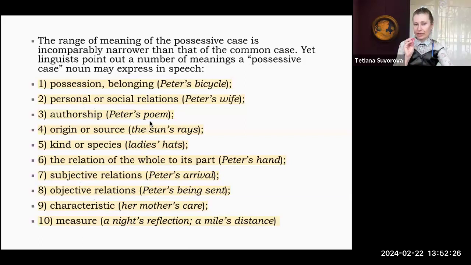For translators and interpreters, it's obligatory to know all these meanings, because then you know how to translate. This apostrophe S is not added only to a word. It can be added to a group of words or even to a sentence within the sentence. This apostrophe S shows the possession.